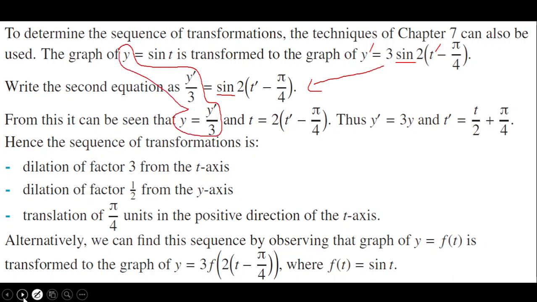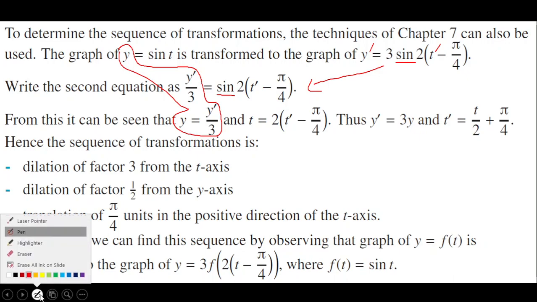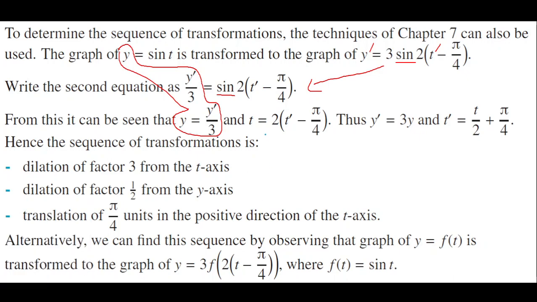And the right hand side, we're going to map the sine of t with the sine of 2 brackets t prime minus pi over 4, and we make them equal. Okay, so those two are your mapping equations.